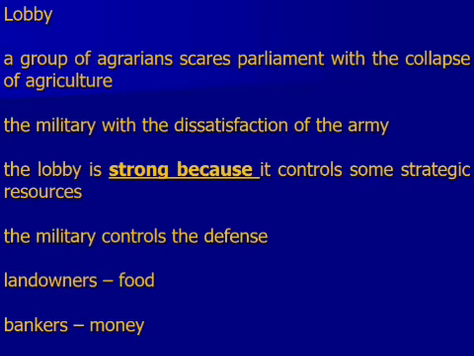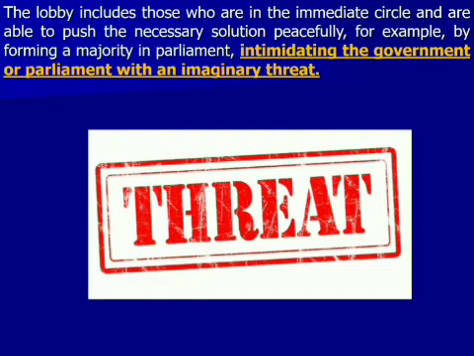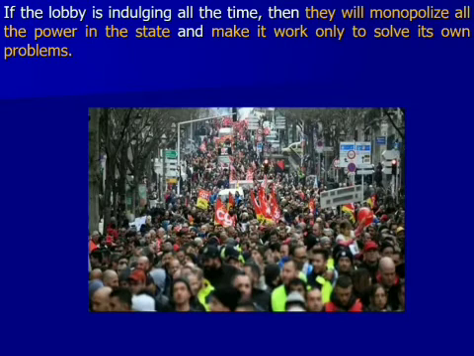And of course, landlords may be unsatisfied with food and so on, as well as the group of the lobby threaten the government. They use some kind of power, they use their pressure on the government.